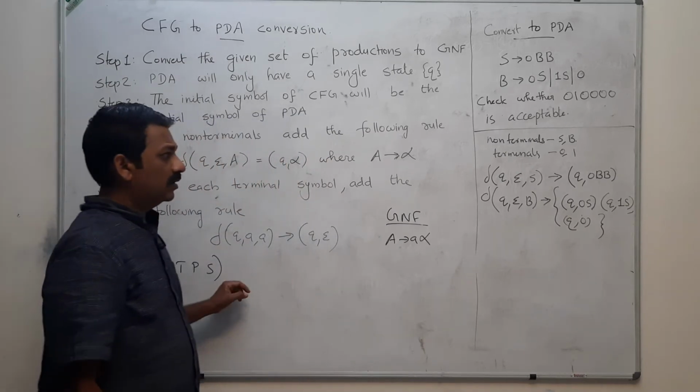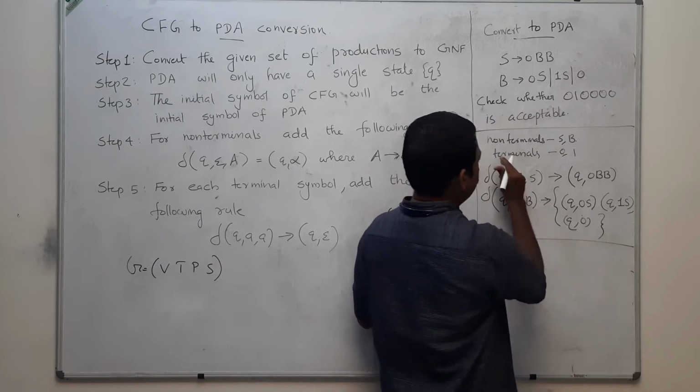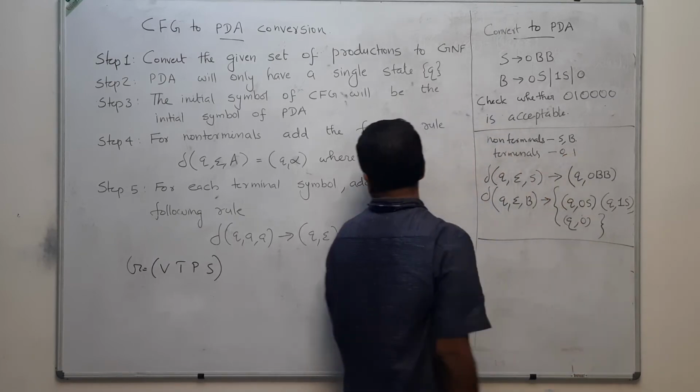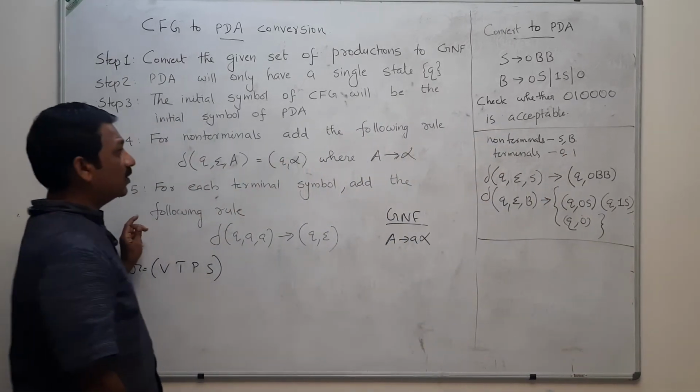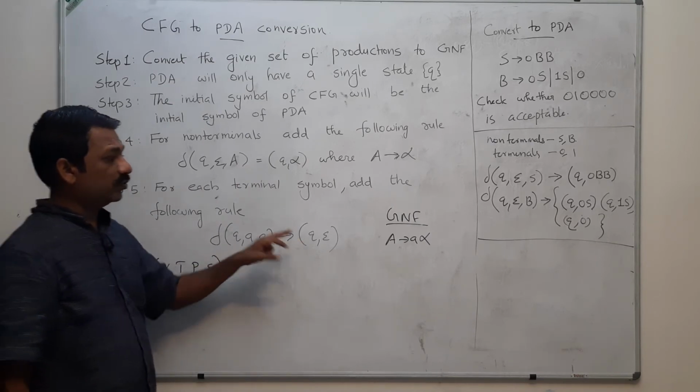Now this portion is over, and for terminals 0 and 1, what we are going to do is delta of Q A A derives Q epsilon.